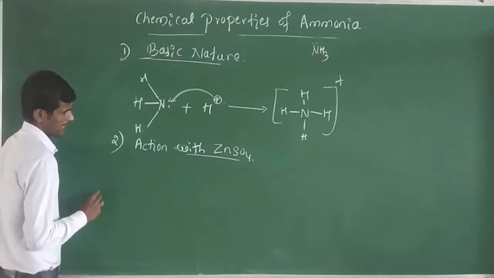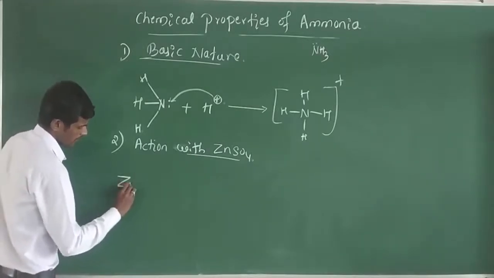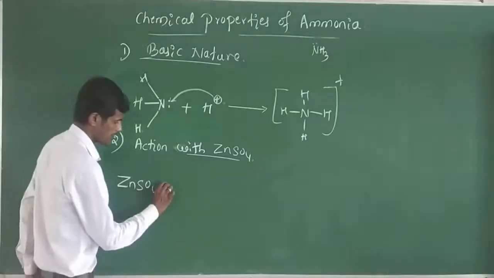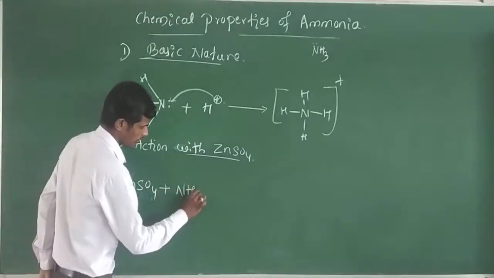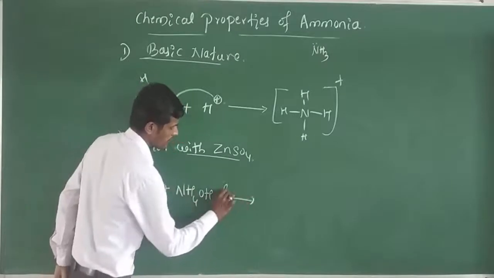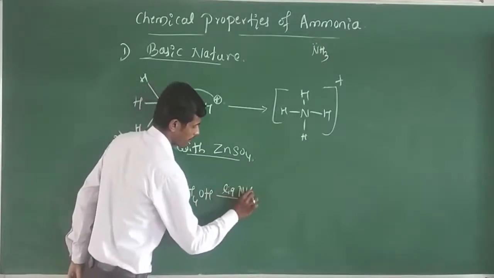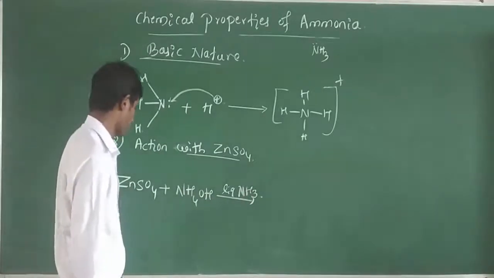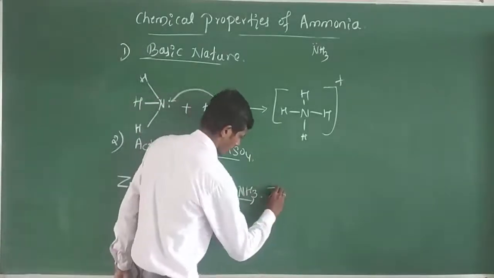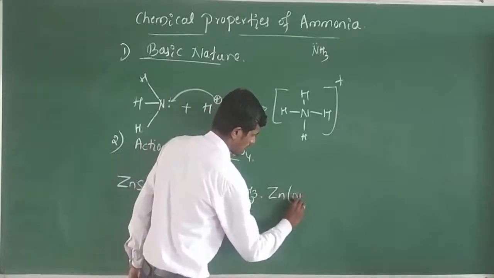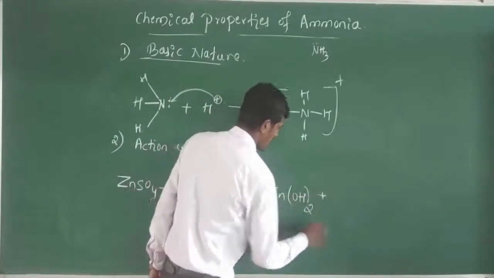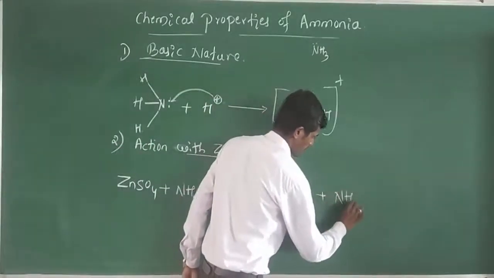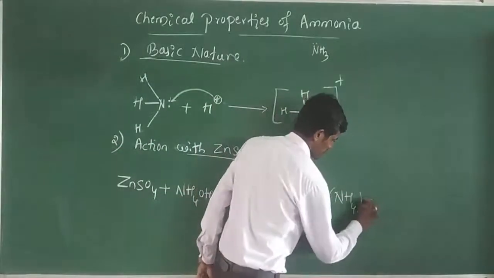First I write the reaction here. When ZnSO4 is treated with ammonium hydroxide, means in presence of liquid ammonia, it forms the precipitate of zinc hydroxide and ammonium sulfate, (NH4)2SO4.